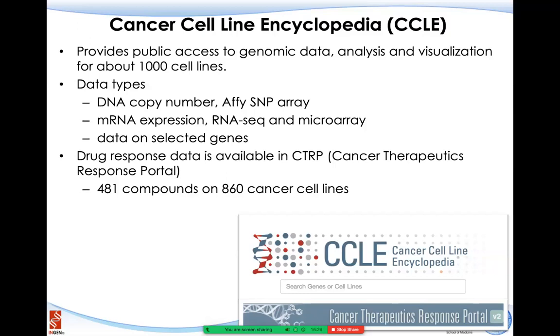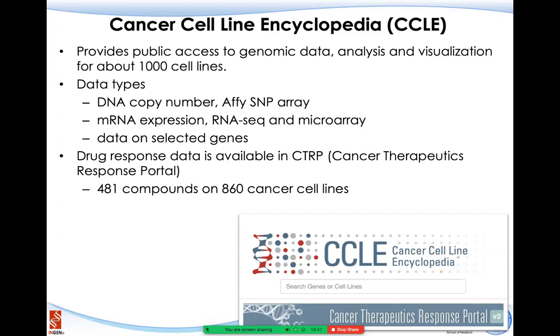There is actually a sister project of this CCLE, because CCLE only focuses on molecular data, the RNA level and the DNA level data, and we don't know how these cancer cells actually behave. So there is a sister project called the CTRP, or Cancer Therapeutics Response Portal.